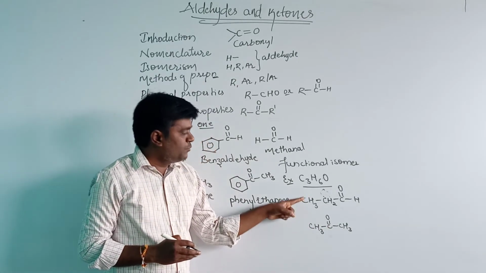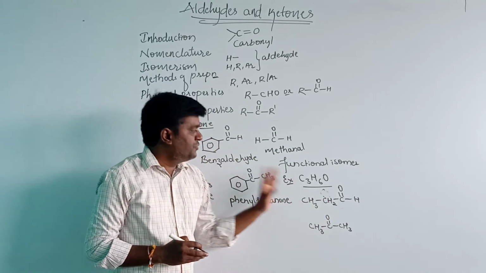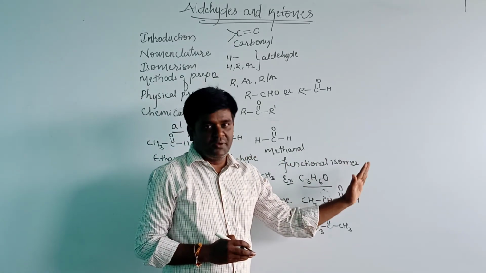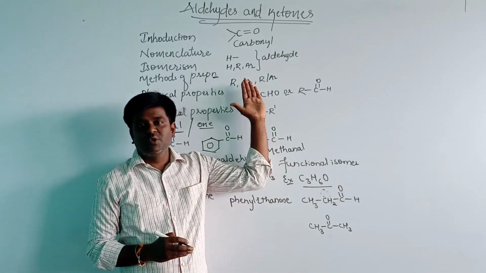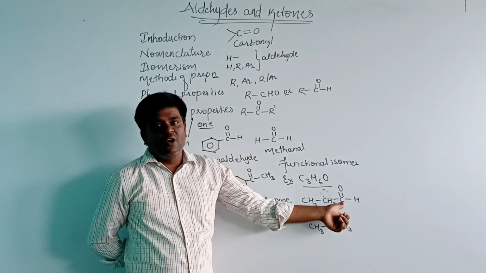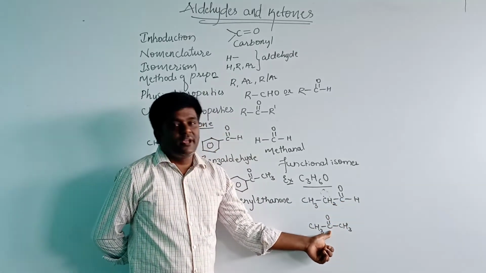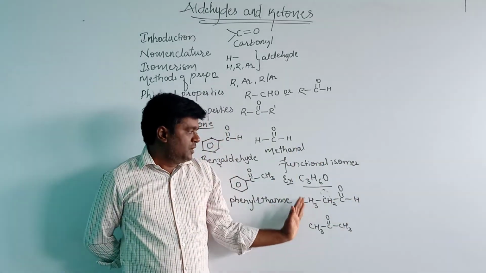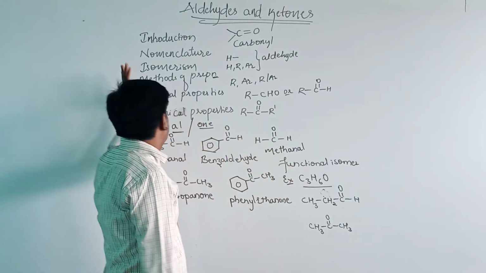Both have the same molecular formula but differ in the functional group, therefore they are known as functional isomers. The aldehyde functional group cannot be present in the middle position and the ketone functional group cannot be present in the first position. Therefore, these will show functional isomerism. This is about isomerism.